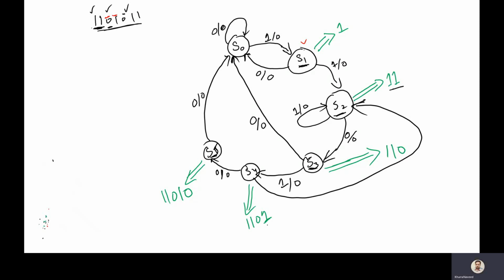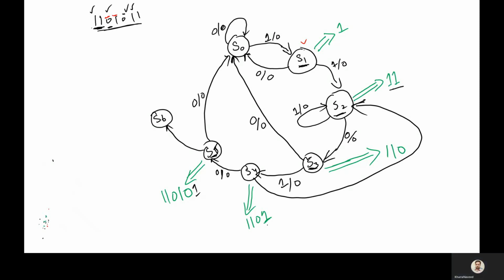Okay, so once we have done that, say we have this input 1, that would mean we have detected this one, right? And that means we need to go to the next state, that would be S6.